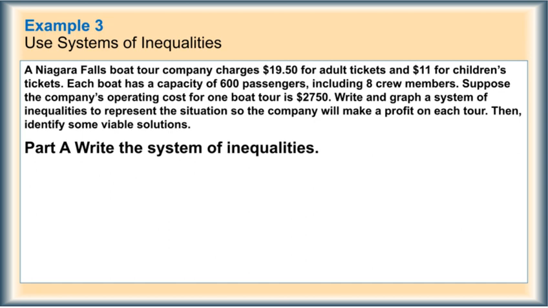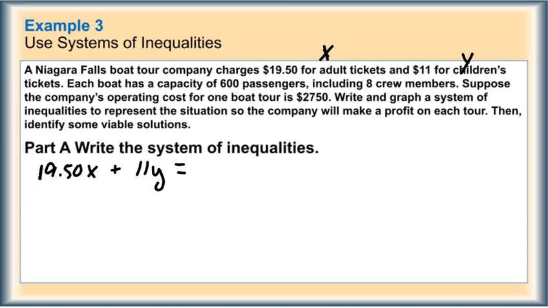So that means we have $19.50. We're going to use adults as your X and children as your Y. So we have $19.50 X plus 11Y has to equal a total of, that's company operating cost for one of the boat tours, $2,750.